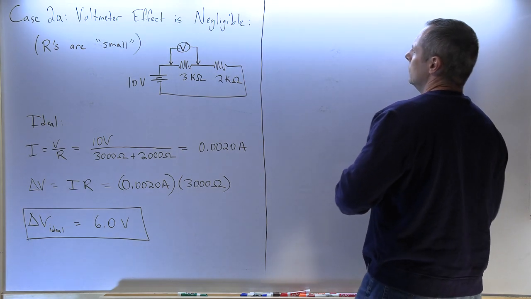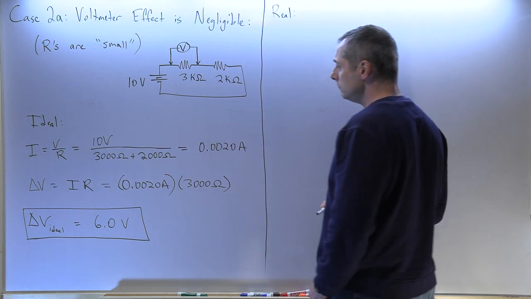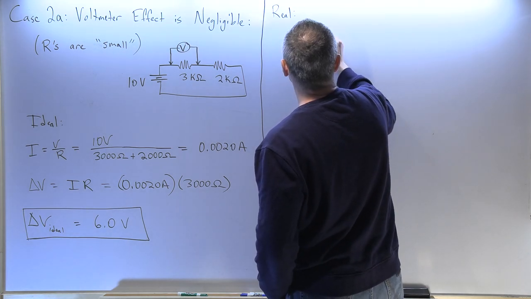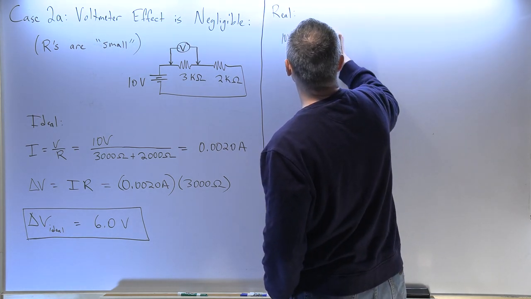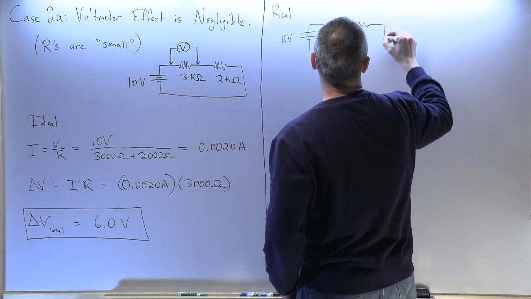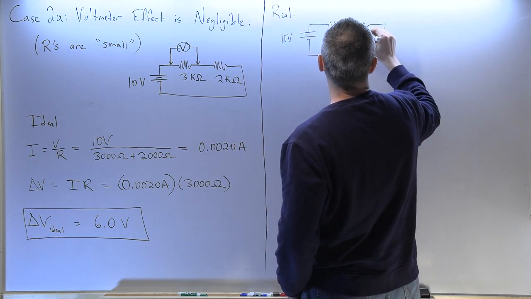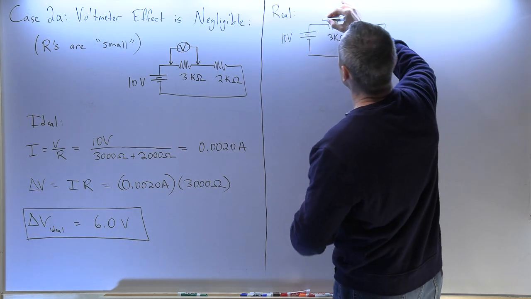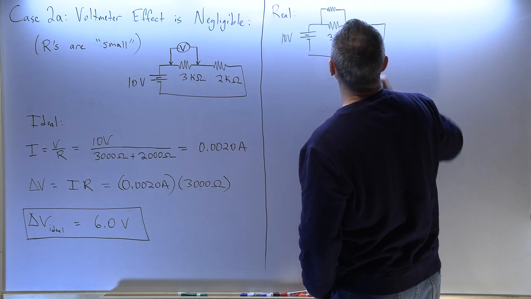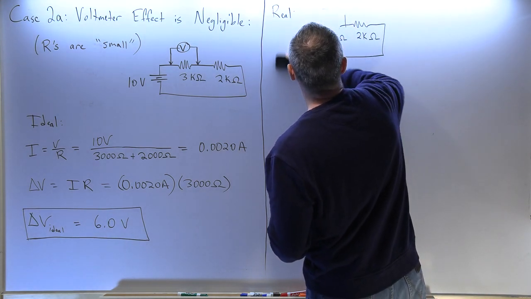Okay, so again, maybe I'll just use the word real again. And what I have to realize then is that the circuit is a 10 volt battery as before. This is 3 kilo ohms, 2 kilo ohms, but the voltmeter up here, well, I might be too high here. Yeah, I guess maybe I should lower this a little bit.